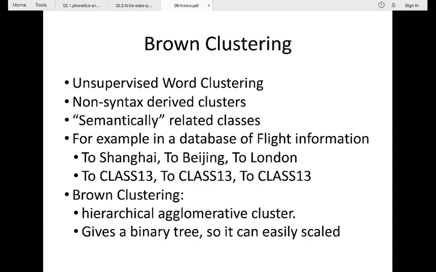And that's what Brown clustering basically captures. So it's a kind of hierarchical agglomerative classifier that gives you a binary tree, and then you can pick different nodes in that tree, and that defines some category in some way. Works really well for getting semantically similar words together. Doesn't work as well for getting syntactically similar words together, which is what we're primarily interested in for part of speech tagging.